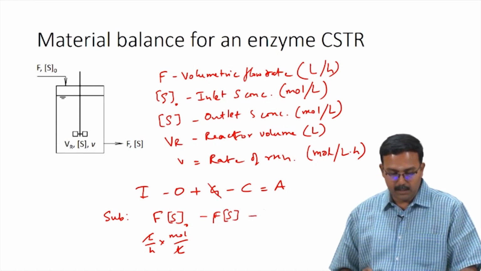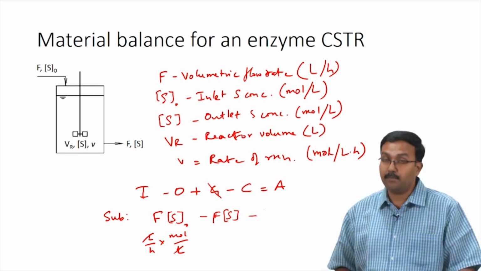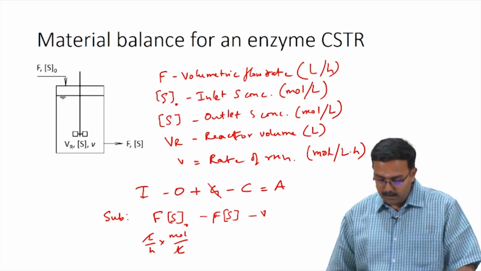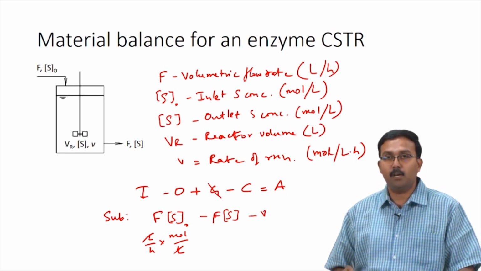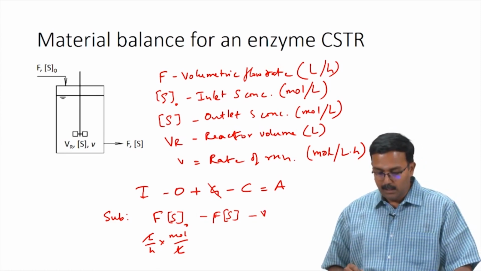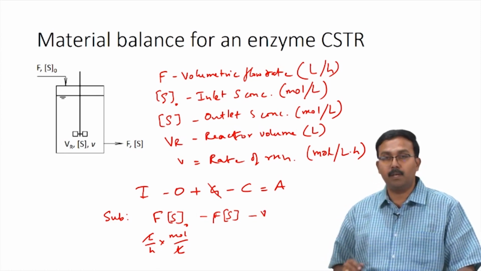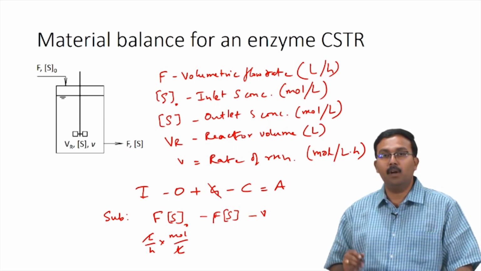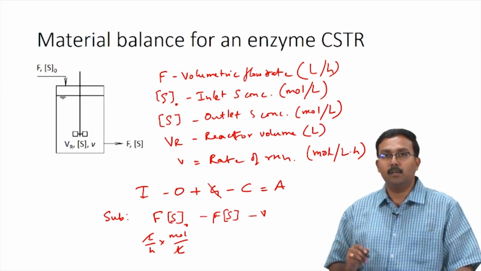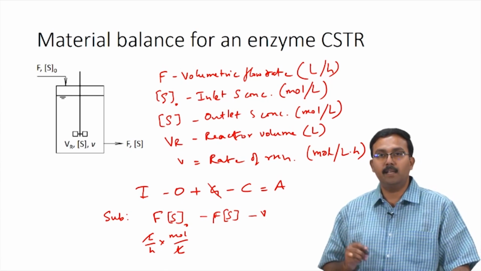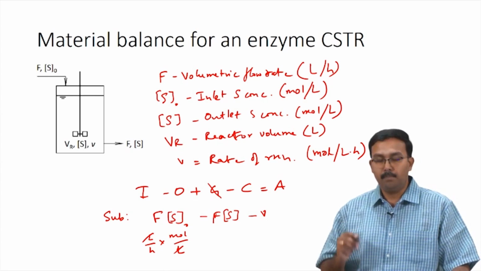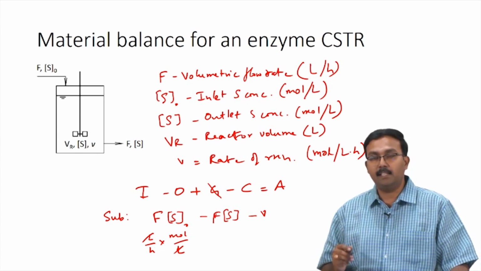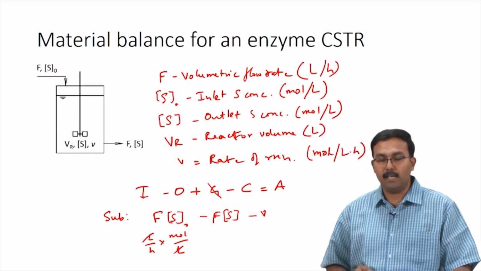Now, you have to write a consumption term. We know the rate of consumption, which is V. This rate of consumption is given in terms of moles per liter hour, and we need the term to be in moles per hour, and this rate is with respect to the volume of the reactor. So, the number of moles of reactant consumed per liter of reaction volume per hour is the rate of the reaction given.